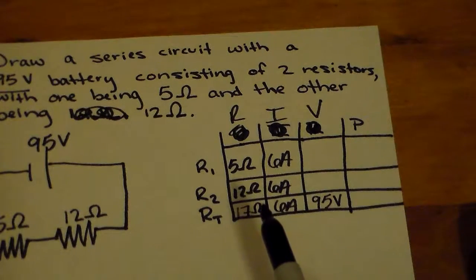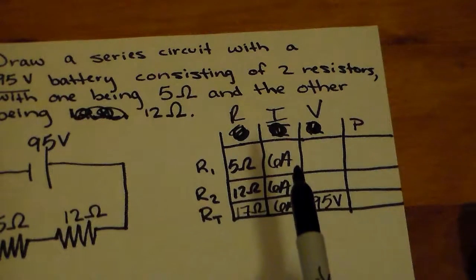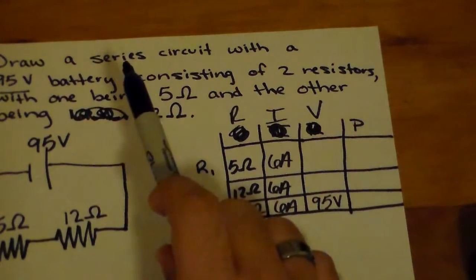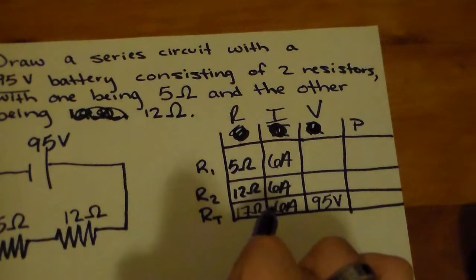In a series circuit, to remember whether the voltage or the current stays the same: series has an I. I is for current, so in a series the current is all the same.